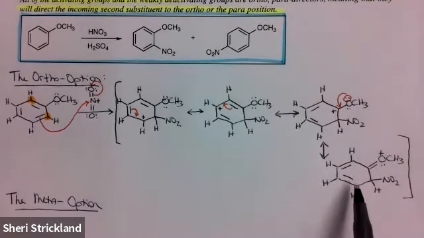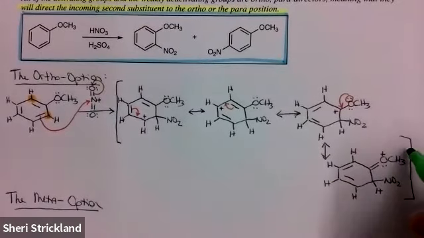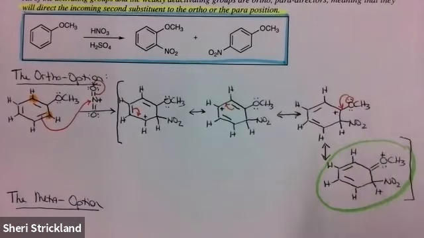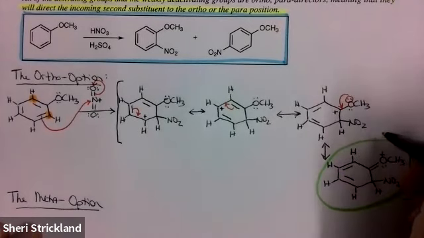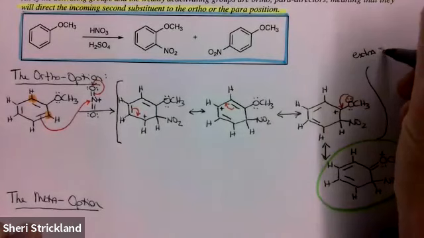The interesting thing about this one is that it's the only one of the 4 where every carbon, oxygen, and nitrogen has an octet. So that makes this resonance contributor particularly stable. So extra stable.